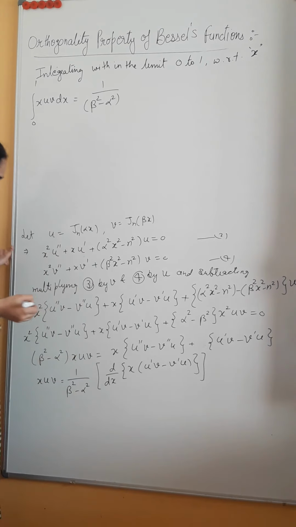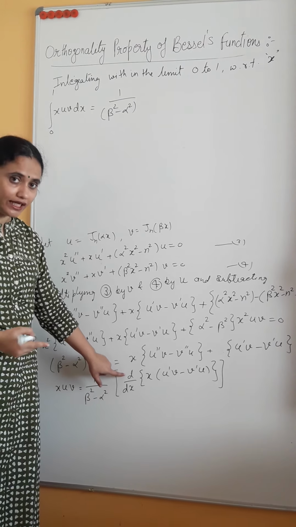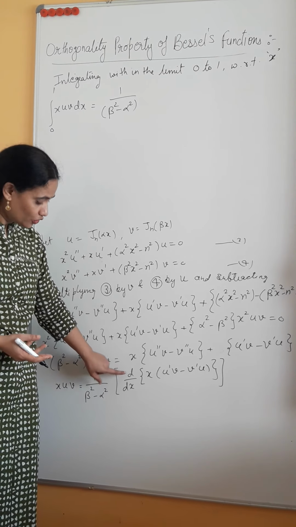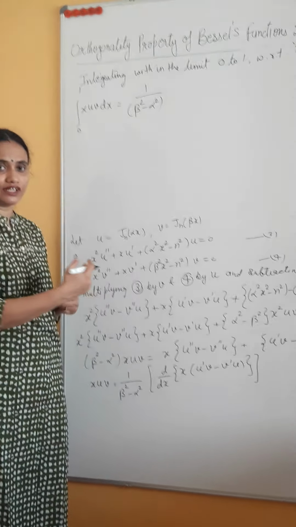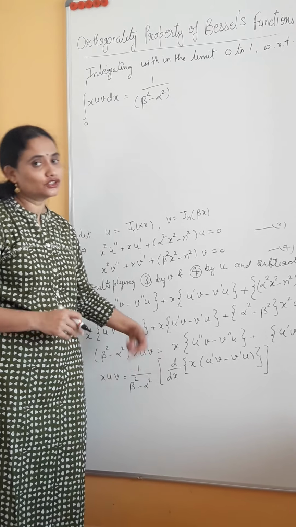This is constant, and then on the right hand side, whenever we integrate, the differentiation sign gets removed. Differentiation and integration are inverse of each other. So if any derivative is there on integration, the order of differentiation starts reducing. So it is 1, so it will get removed.